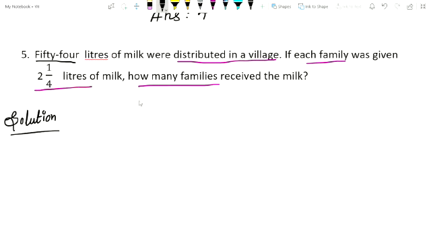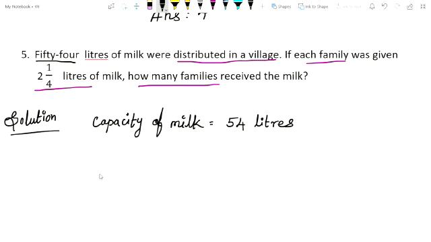First, capacity of milk equal to 54 liters. The total quantity is 54 liters. Okay.